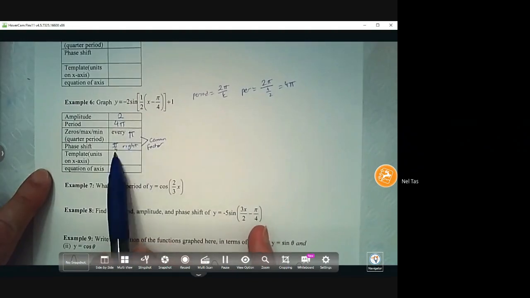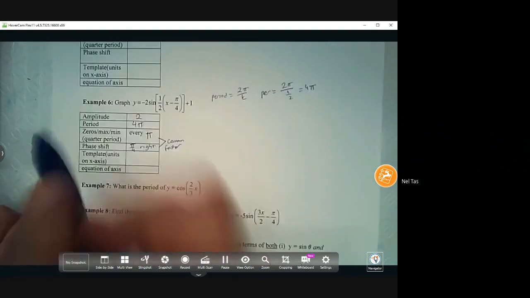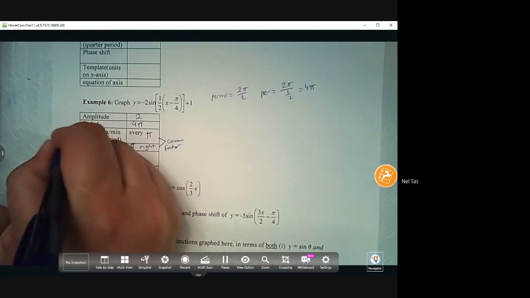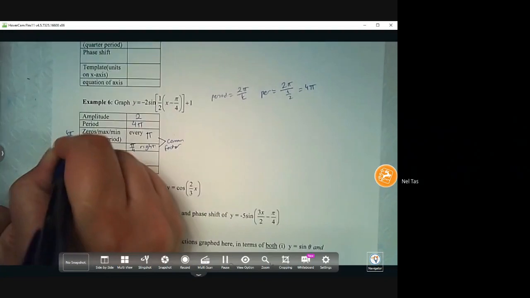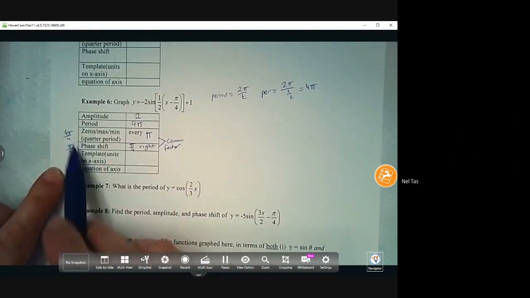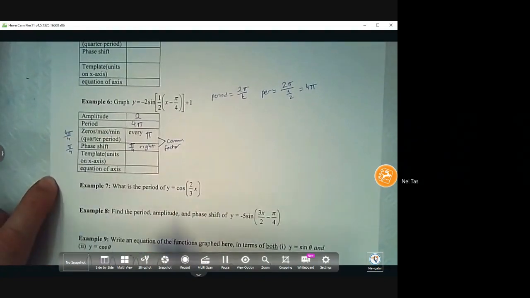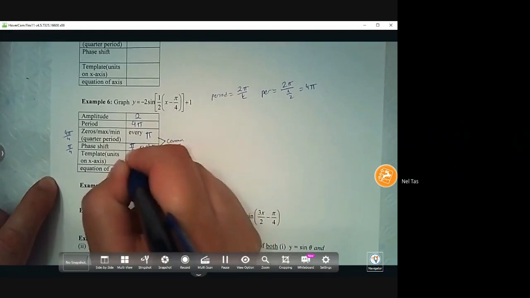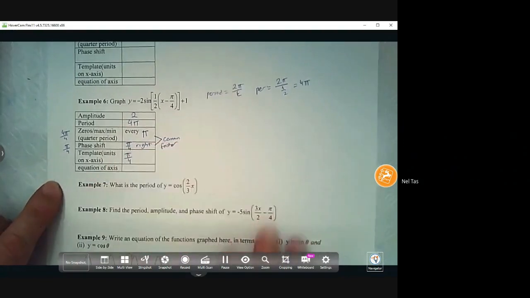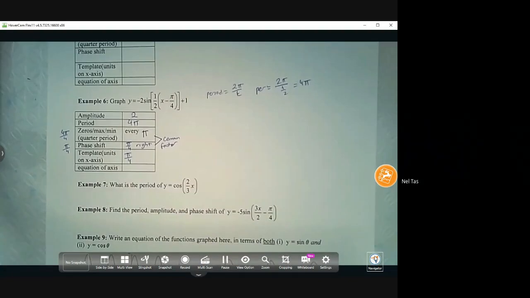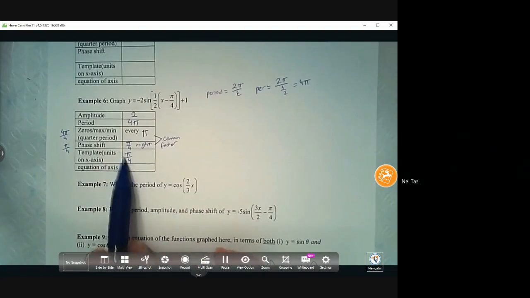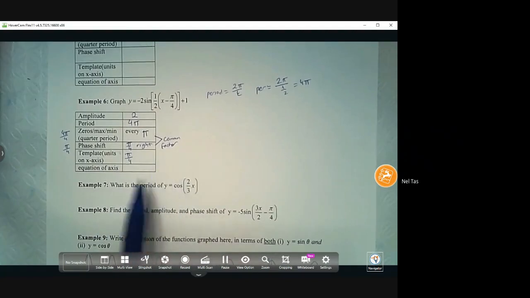If you write pi with denominator 4, that gives you 4 pi over 4. And the phase shift is pi over 4. Then we can see from here that the common factor is pi over 4. That is the template. So horizontally, when you scale your x-axis, you should go by pi over 4s.